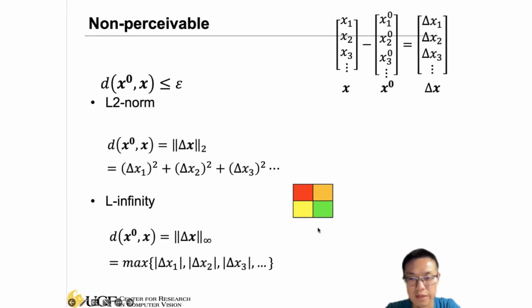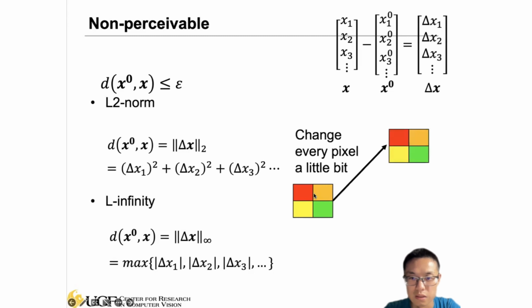So here I provide a simple example, right? Let's say the image is 2 by 2 pixels, so only 4 pixels indicated by these different colors. One way of adding the noise is that we can change every pixel a little bit, right?